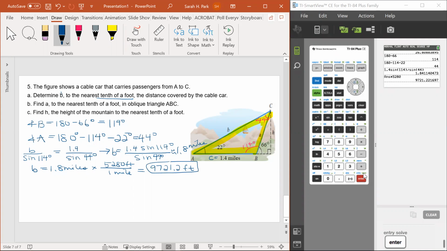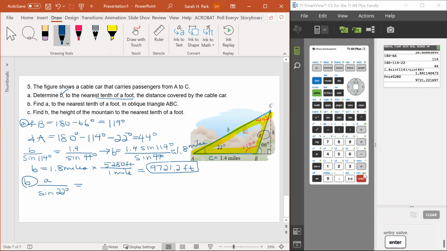That was part A. Part B says find A to the nearest tenth of a foot. So this part here, and we can use the law of sines again. So we have missing A, sine of angle A, which is 22 degrees.